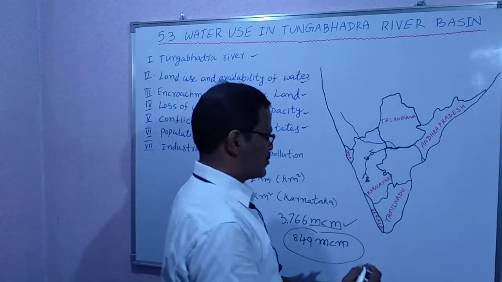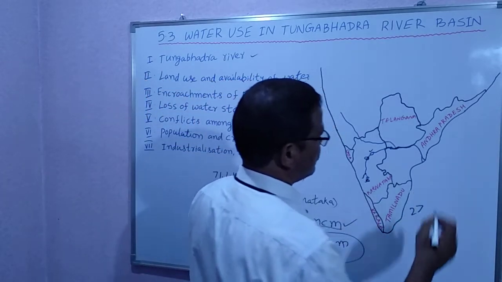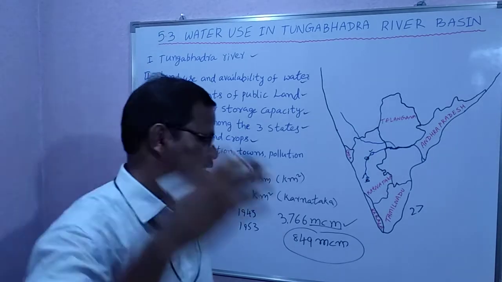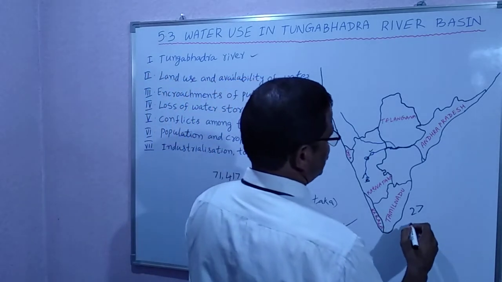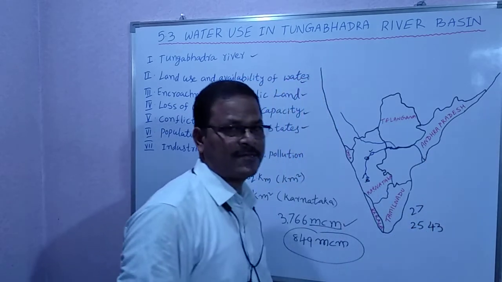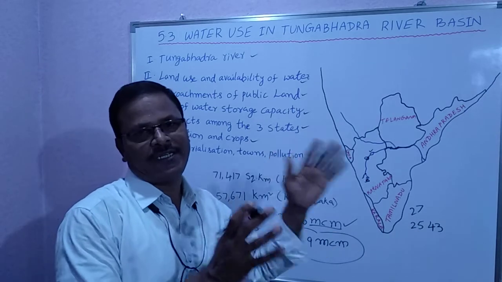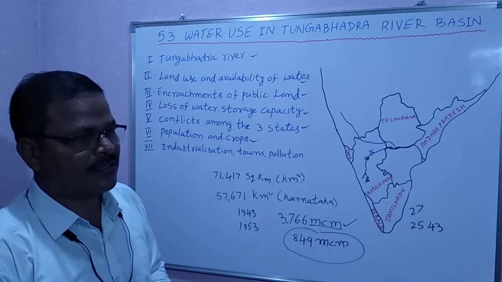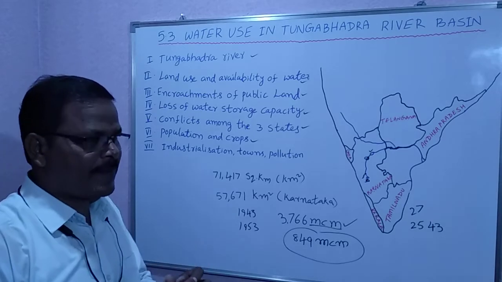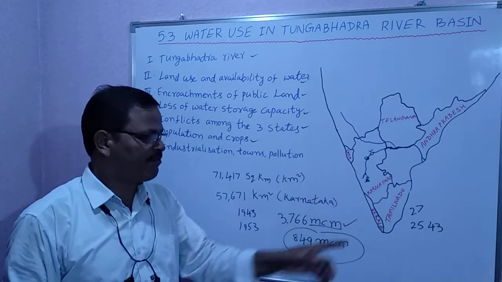Nearly 27 large-scale industries and 2,543 small industries were established in these 20 years. The industrialization is increasing very rapidly in this area because of mining activities.